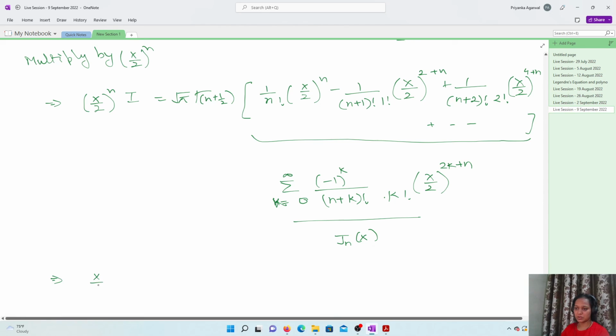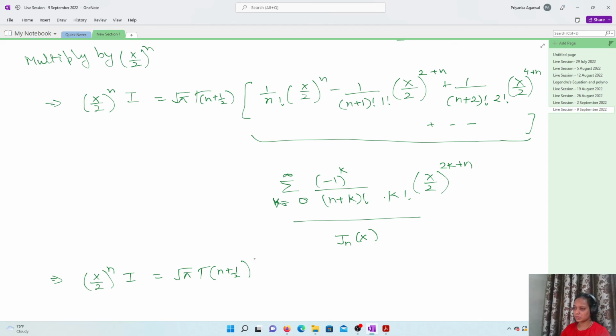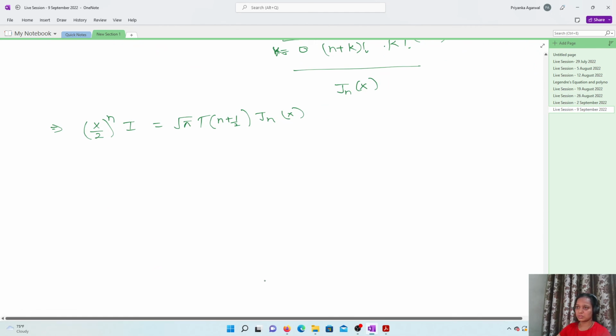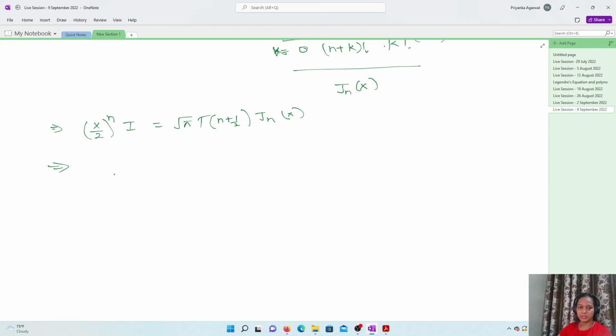So finally what we have got is x by 2 to the power n I equals root pi gamma of n plus 1 by 2 Jn of x. So this is simplified to this, and then we can write Jn of x equals I over root pi gamma of n plus 1 by 2 into x by 2 to the power n.